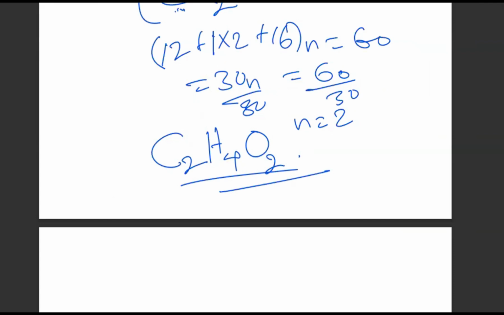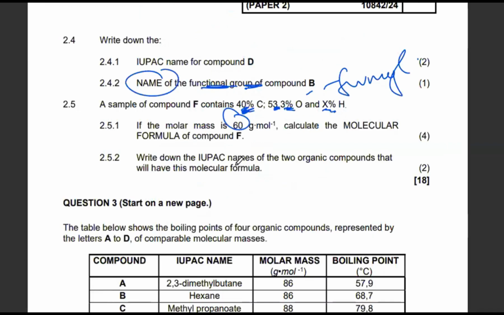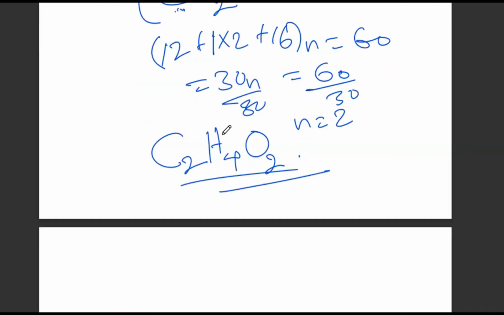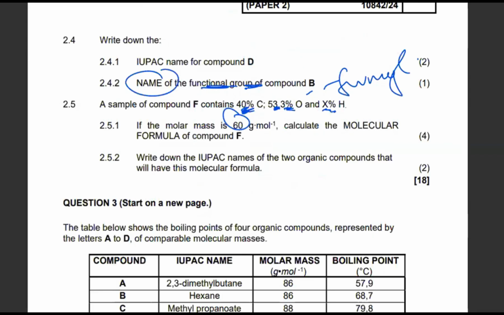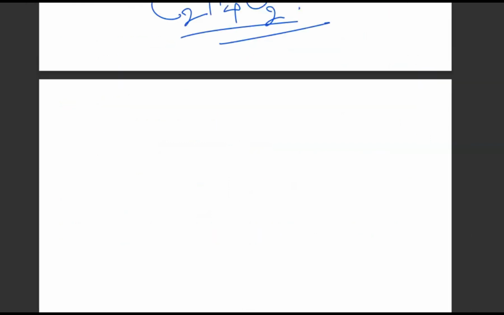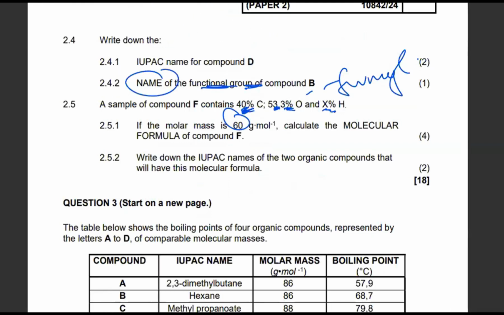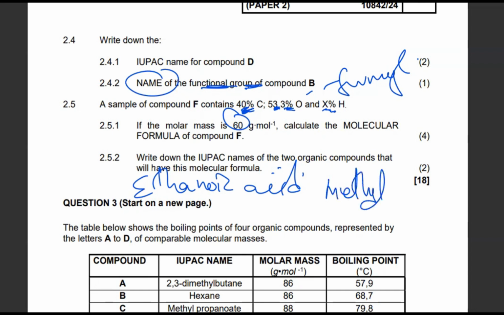They are saying IUPAC name. The carboxylic acid has 2 carbon atoms, so it's going to be ethanoic acid. And then on the other side, if you split it, the other carbon goes there, so it's going to be methyl methanoate.